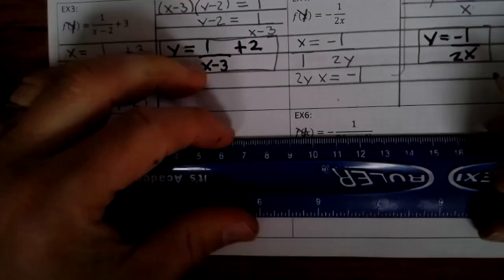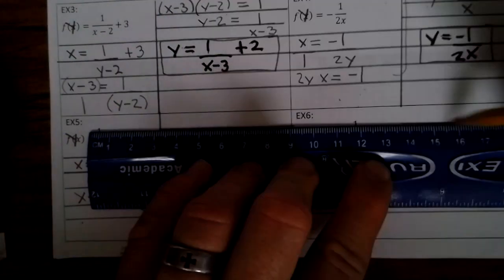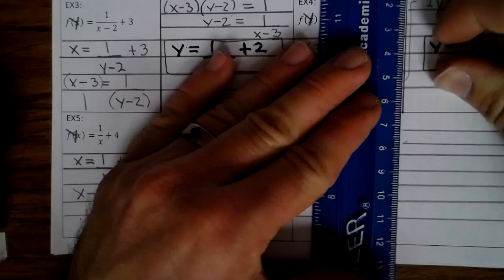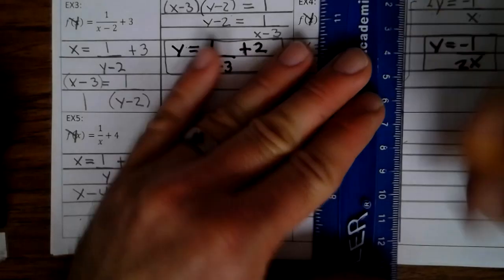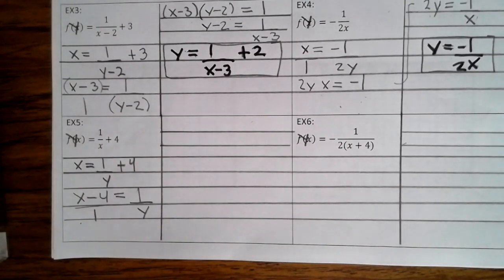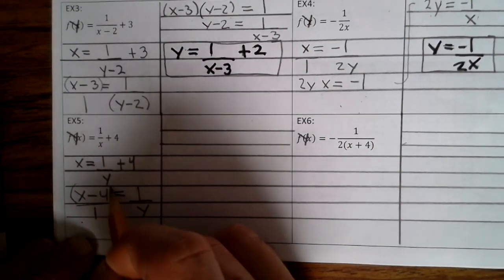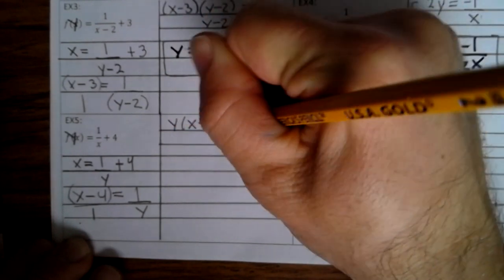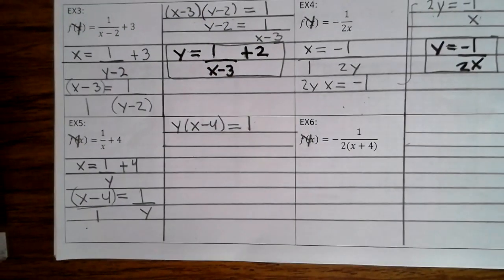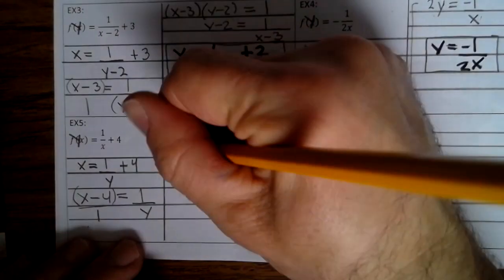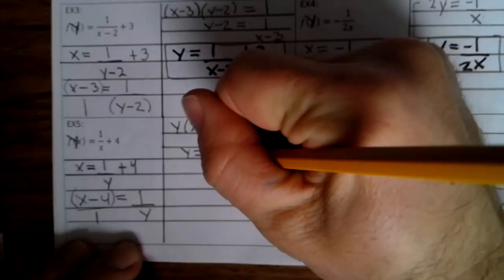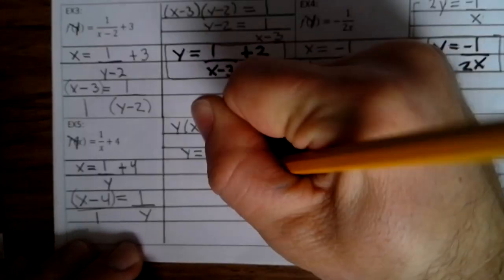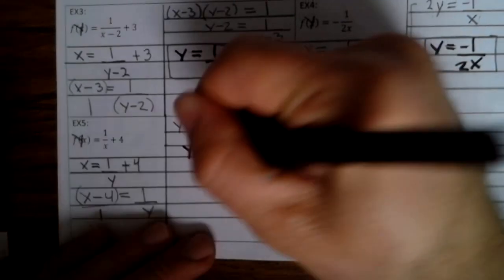All right, so now we're going to cross multiply. Probably want to put that in parentheses. So then you get y times x minus 4 equals 1. Divide both sides by x minus 4. So y equals 1 divided by x minus 4. All right, so finish up example 5.